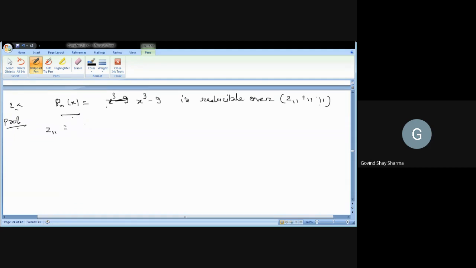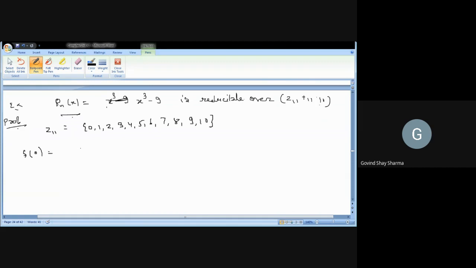Z11 has the elements 0, 1, 2, 3, 4, 5, 6, 7, 8, 9, 10.